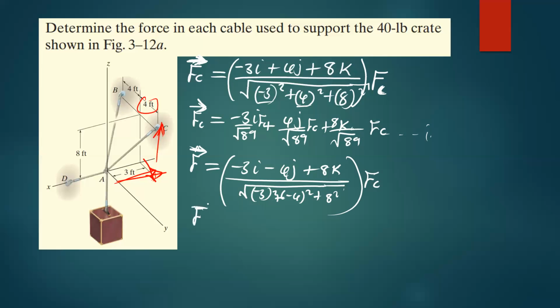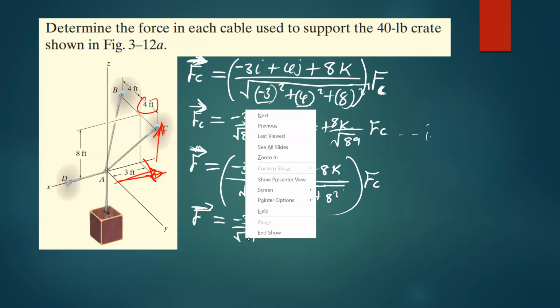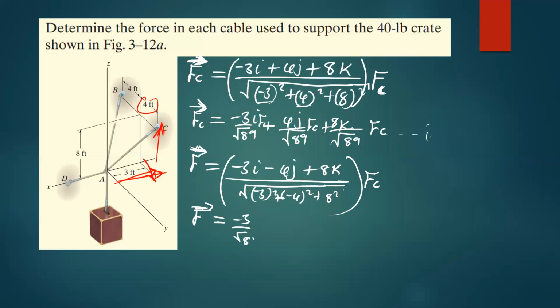To find the vector along that expression, we multiply by the magnitude of the force. So we have negative 3 over the root of 89 i, then minus 4 over the root of 89 j, multiplying by FC as well.